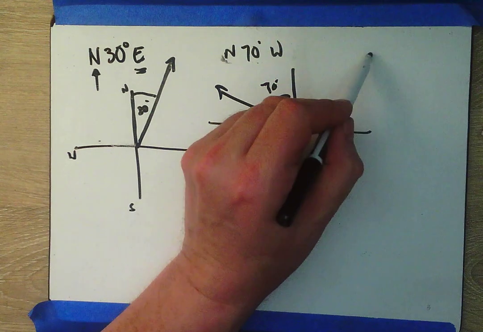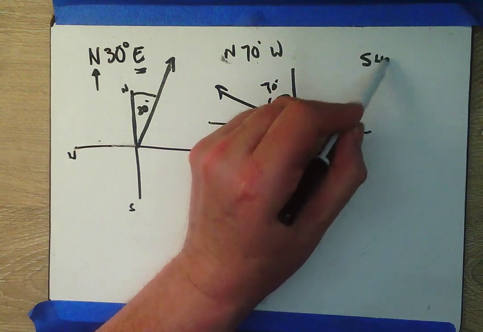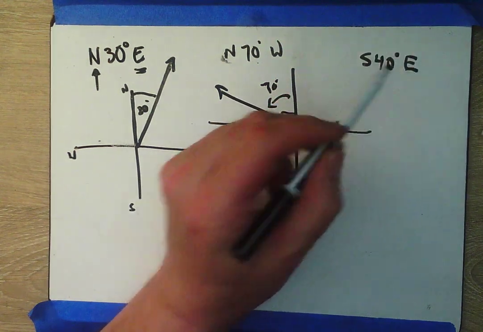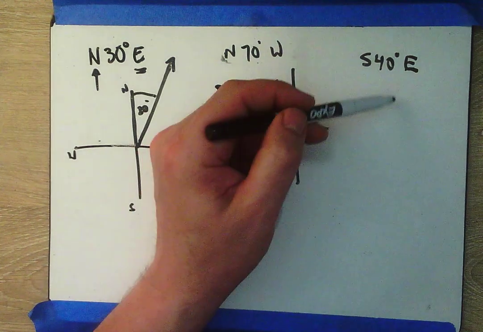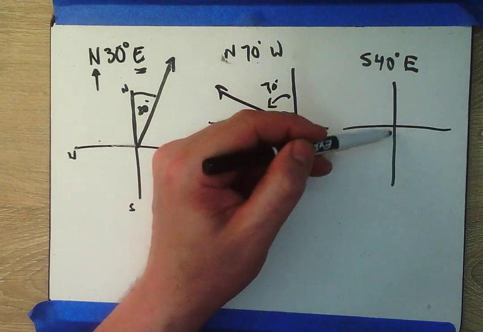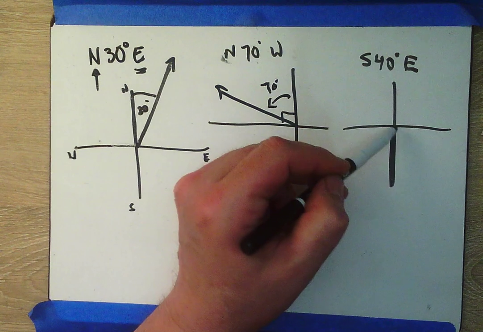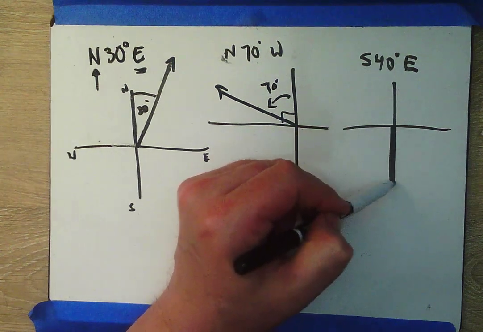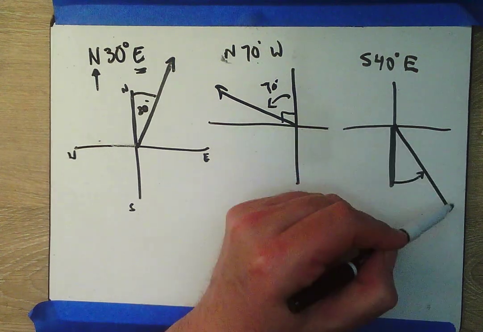Okay, how about south 40 degrees east? South 40 east. Well, that means we're going to head south first, and then we're going to veer 40 degrees to the east.